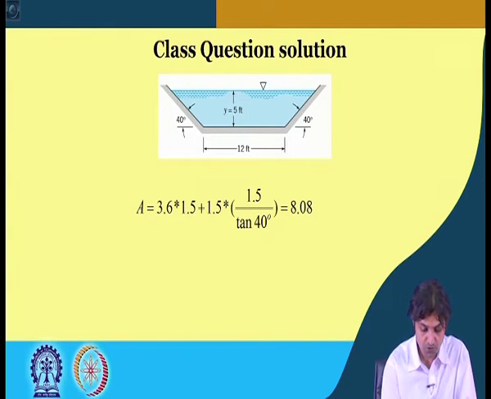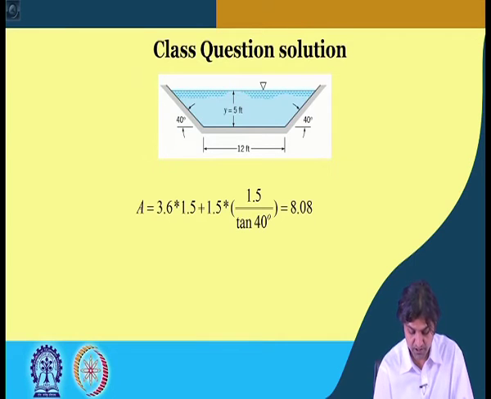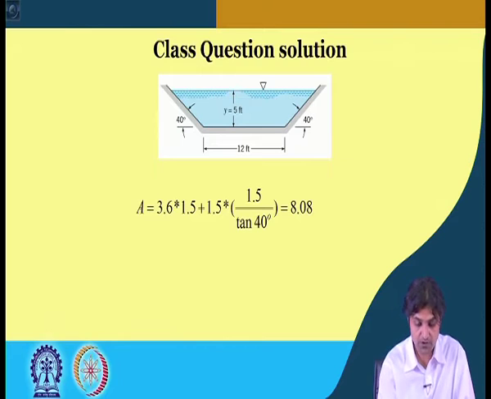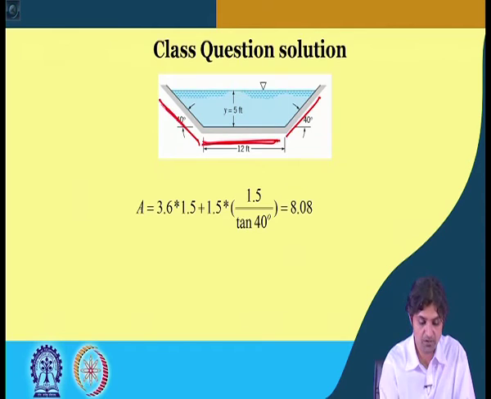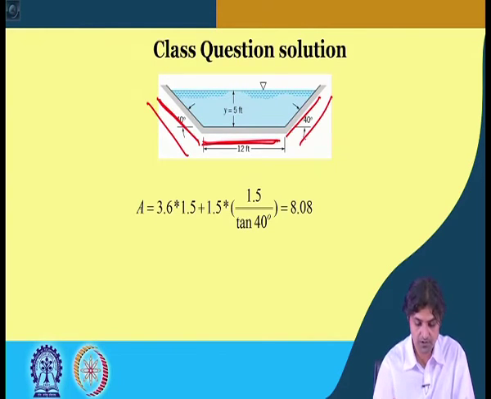So, now we need to calculate the perimeter as well. The wetted perimeter is going to be this length plus this length plus this length, because this is the length which is wet. So, we can find this plus 2 times this, because this is equal to this.